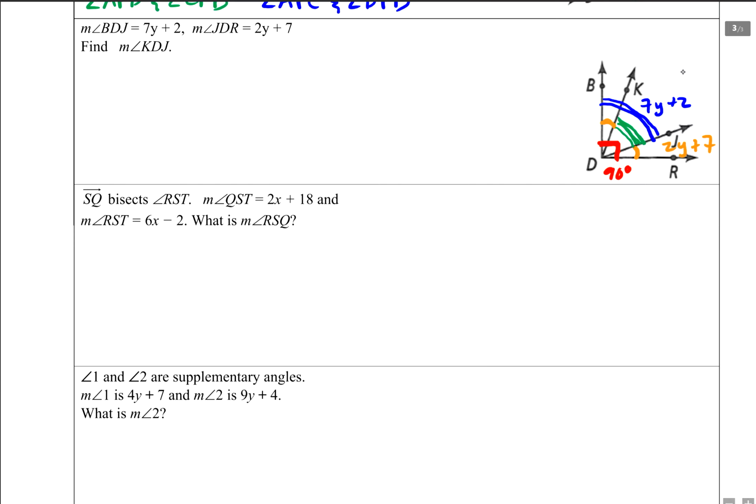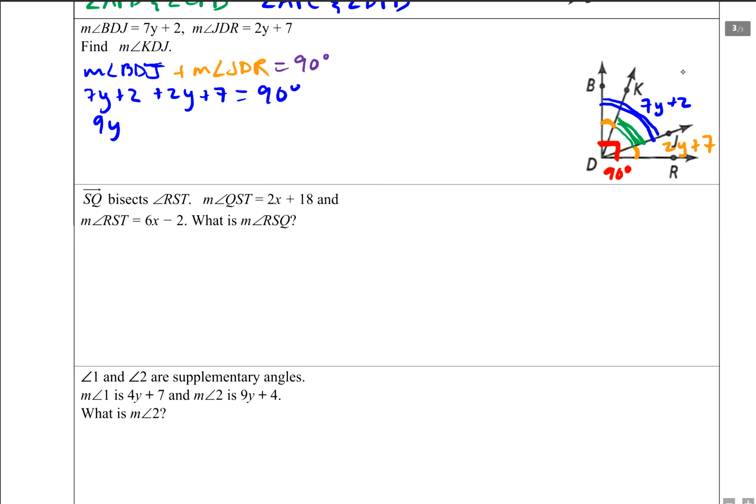Well, I am going to say that the measure of angle BDJ, that's my blue one, plus the measure of angle JDR, my orange one, is going to equal 90 degrees because we have a right angle there.